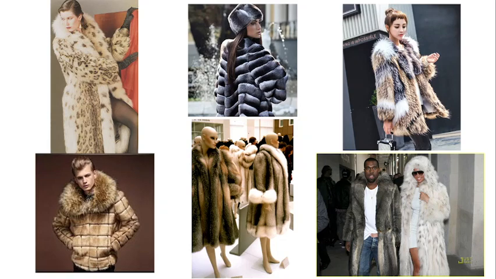Now, it can be hard to tell sometimes the animal being used because animal fur can be dyed, although the natural coloring is often used. This lady here is wearing a chinchilla coat, which usually you can tell because it has this sort of white, gray, black blend, and sort of these poofy lines.